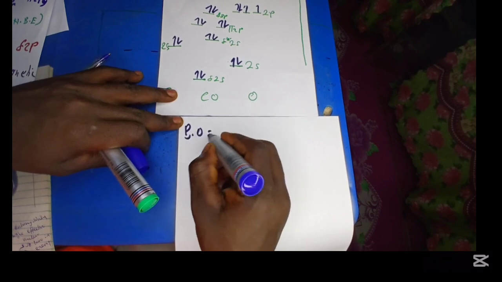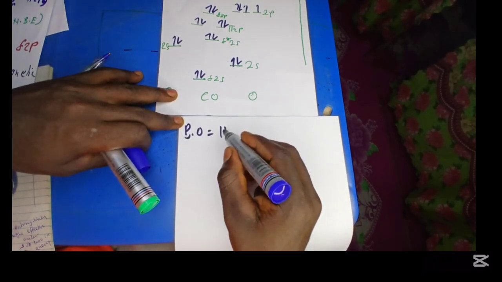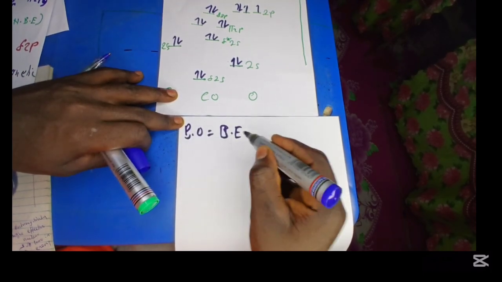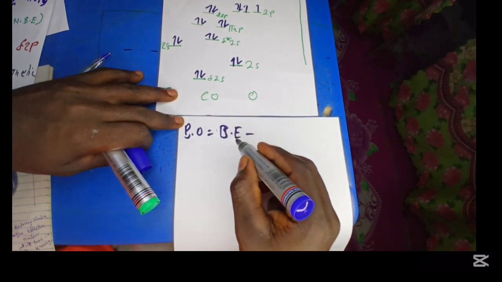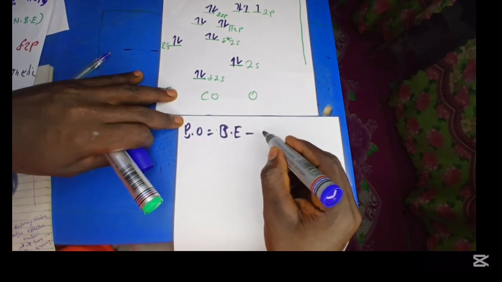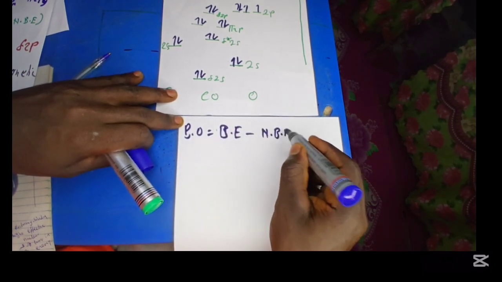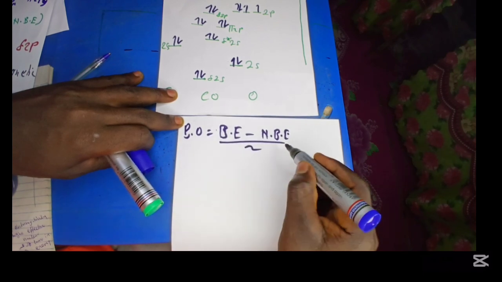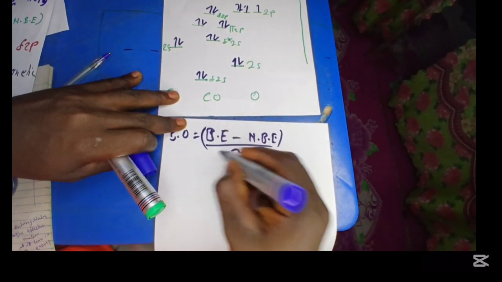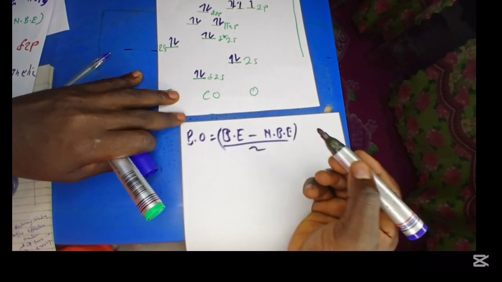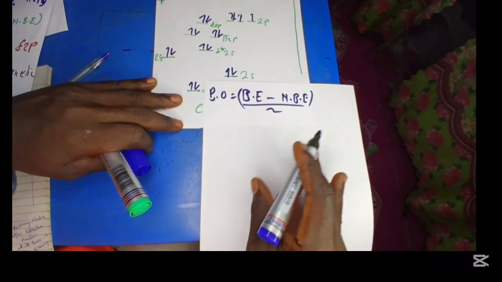The bond order is equal to the number of bonding electrons minus the number of anti-bonding electrons, all over 2, or half of the difference.